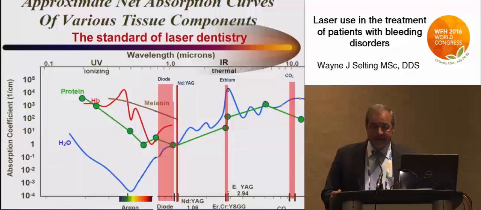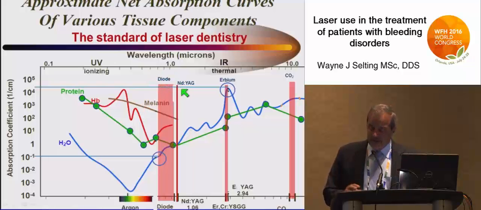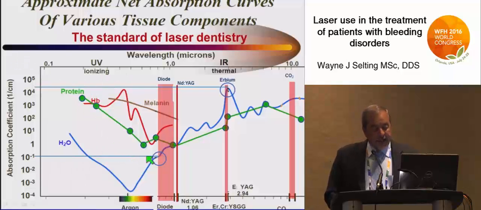Today, because we have such a short period of time, we're going to talk exclusively about the diode laser. This is something that everyone in the laser field understands, but it looks rather complicated. I put it in here because it makes a very important point. Here is the diode, the Nd:YAG, the erbium, the CO2, and this scale is different wavelengths of energy.